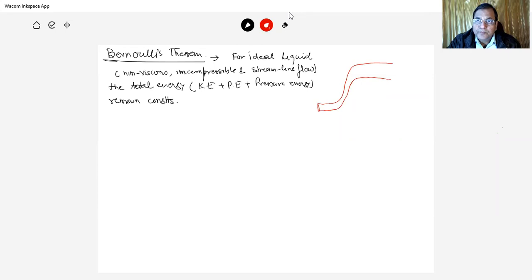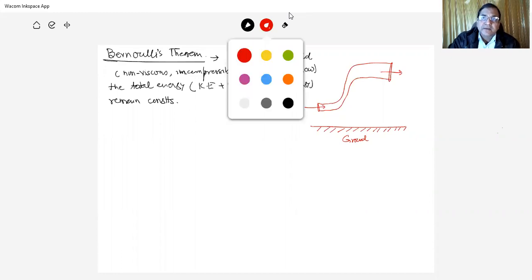These are the two cross sections, and here is the ground. So liquid is flowing in this way. Here it is coming in this way.